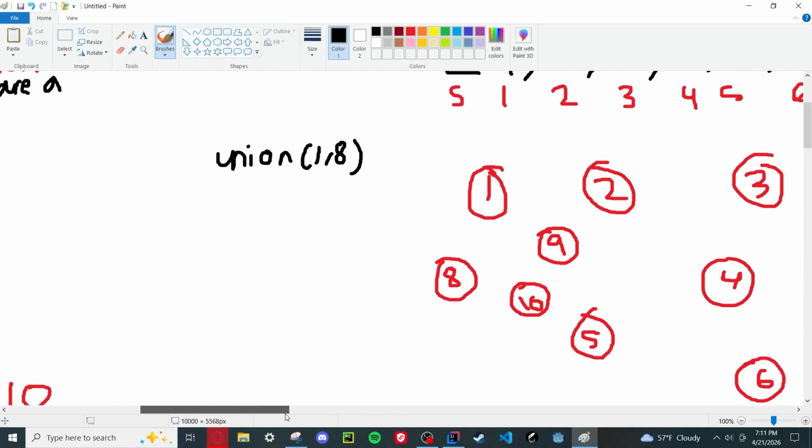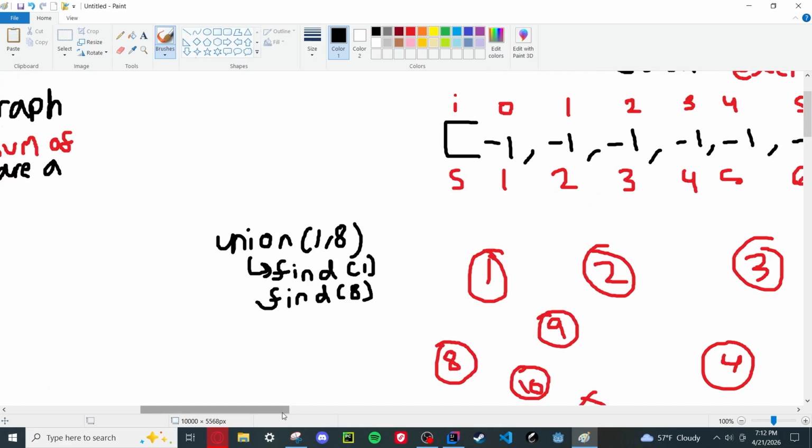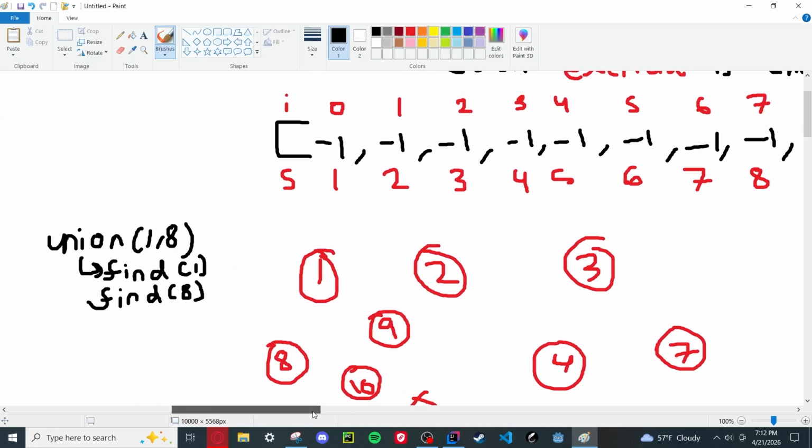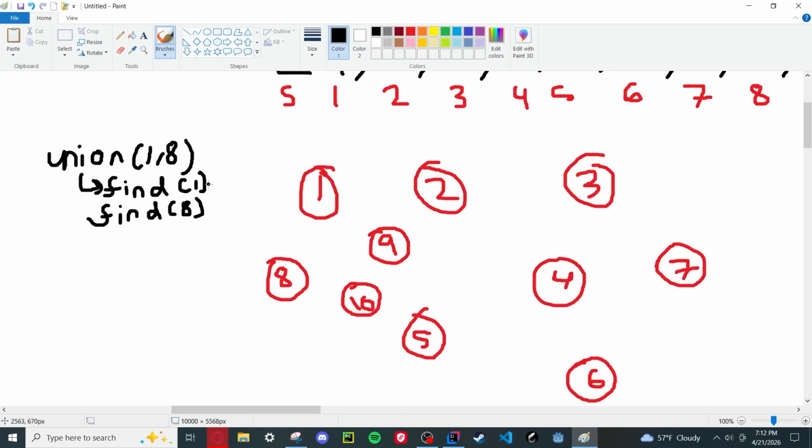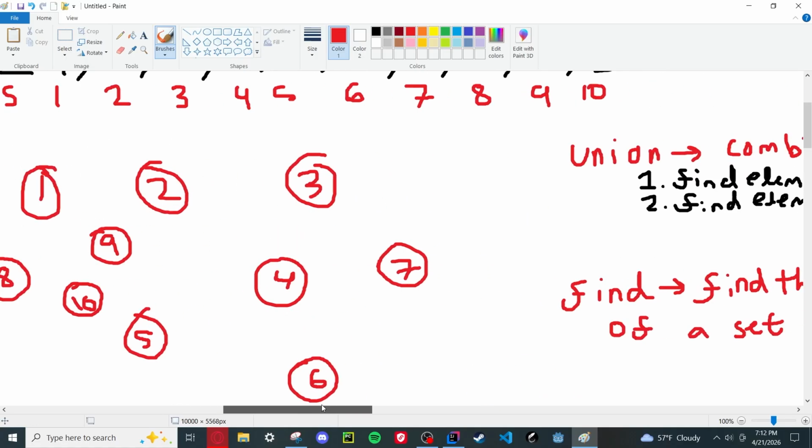So let's do those steps first. So this means we're gonna try and do find of 1, and we're gonna do find of 8. We said find returns the parent. And because right now everyone's individual, everyone's their own parent, so this will return 1, and this will return 8, right? Because everyone's by themselves, they're their own boss, kind of. Okay, boom, we did that.